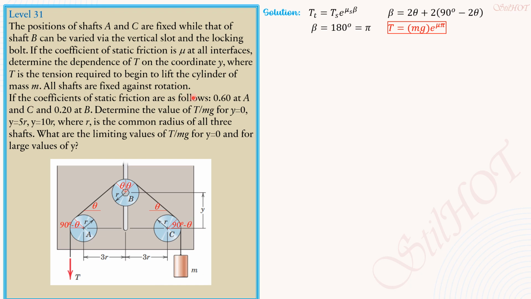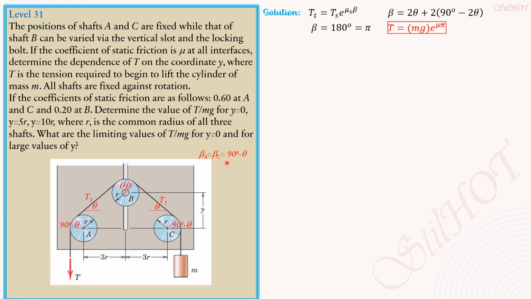Then in the second part, the coefficients of static friction are different for A and C and at B. So let's have it in general. We call this tension 1, here tension 2, and tension 1 equals mg e to the mu sub s times beta C, which is 90 degrees minus theta, to be converted in radians.